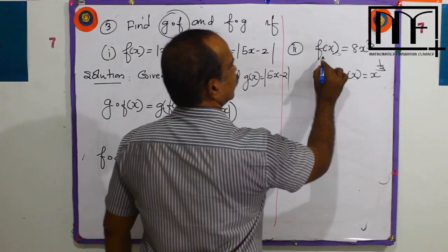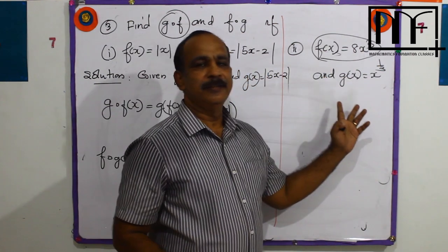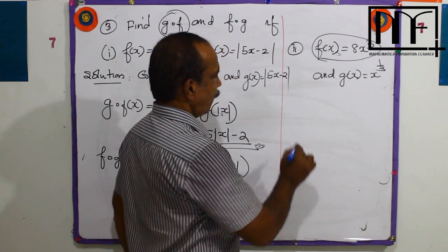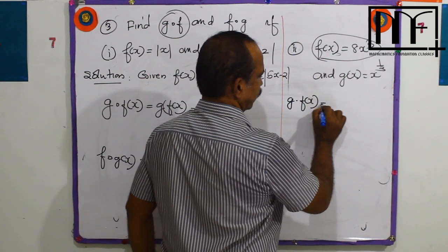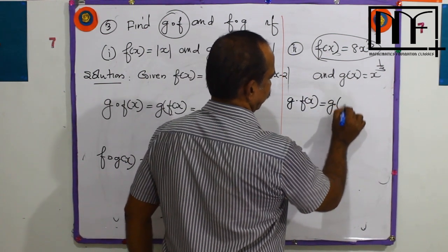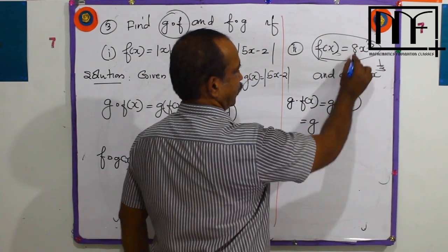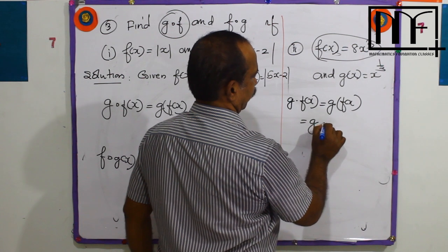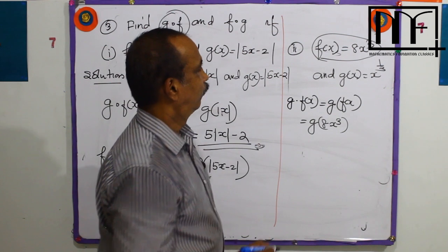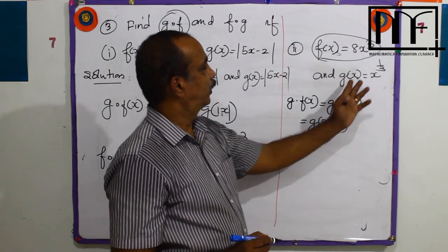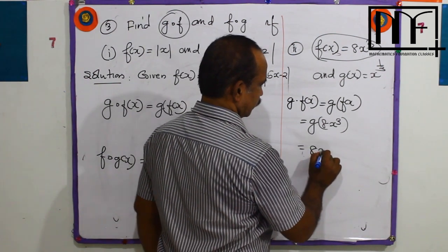We can find out: f of x is 8x cube is given and g of x is x raised to 1 by 3. g of f of x is g of 8x cube.